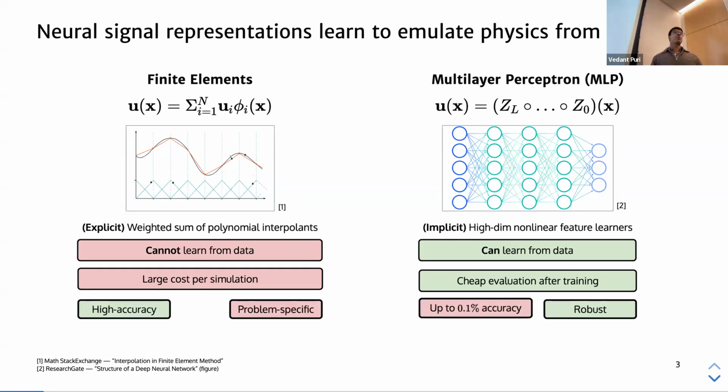Finally, FEM is known to have very high accuracy solutions, but that comes at the cost of several years of dedicated solver development by teams of engineers and scientists. On the other hand, machine learning methods do not promise us extremely high accuracy, but they are indeed robust, as in the same method works on several different architecture choices.